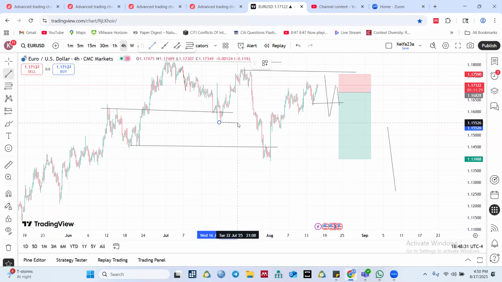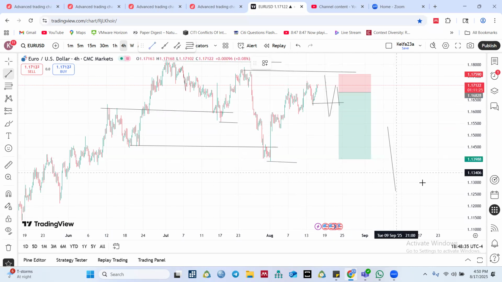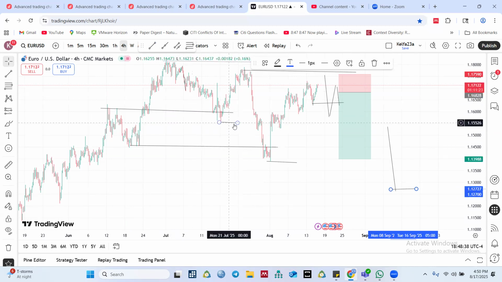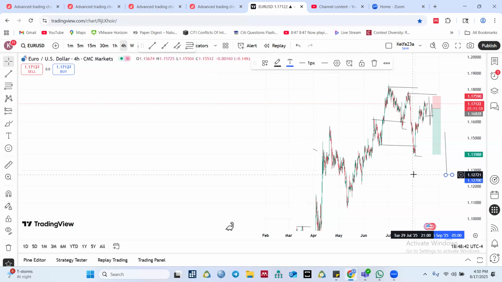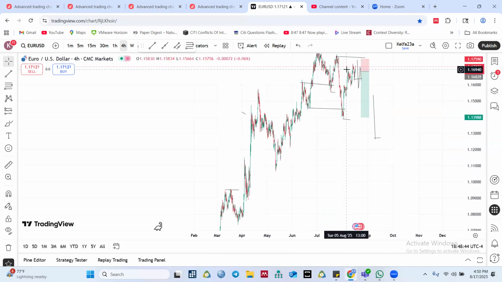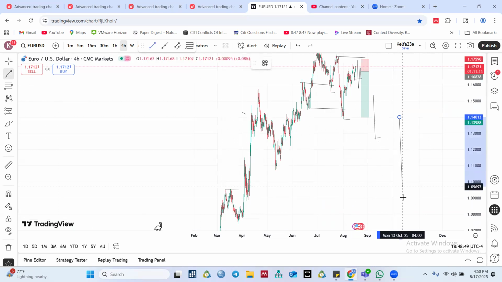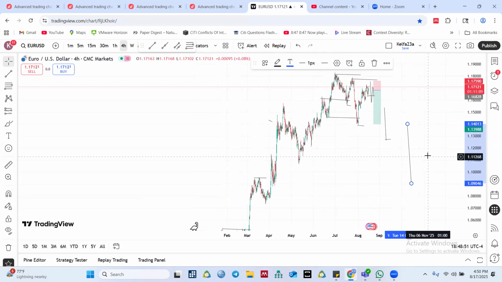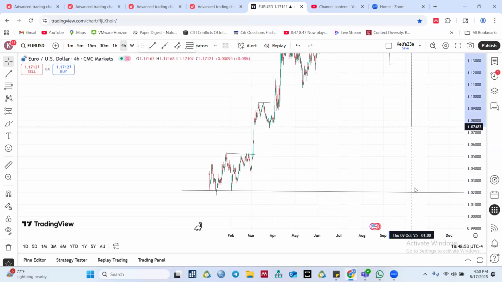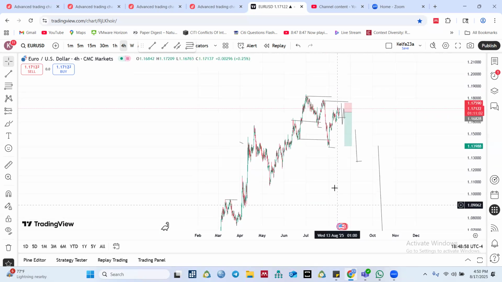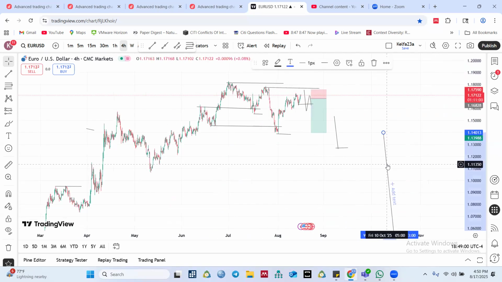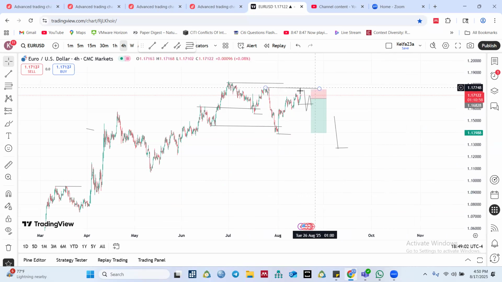We are having a low here, another break of structure here, and another low here. This is a sign of a bearish market, and therefore it means this premium zone has held. So we now have confirmation to trade and target the lowest points on this chart, going bearish until a shift of structure or the market shows us this intention around this area.